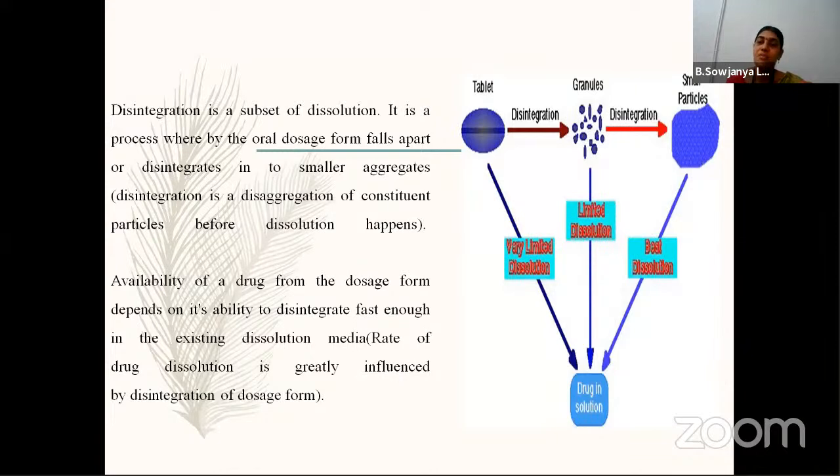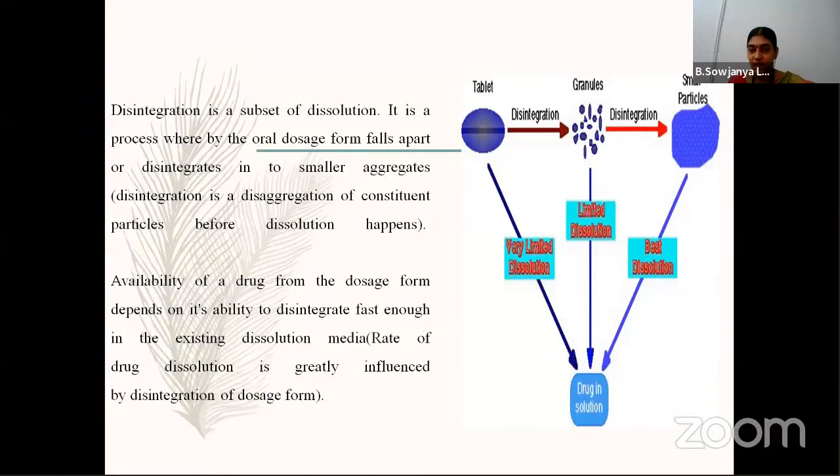If some of the particles get agglomerated and further undergo the disintegration process, all the smaller particles give the best dissolution, and finally the solution enters the systemic circulation. The rate of drug dissolution is greatly influenced by the disintegration of the dosage form.